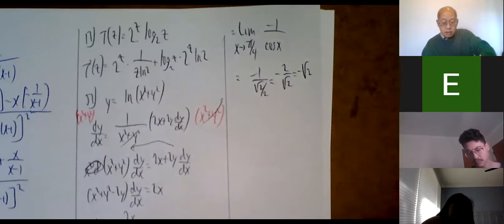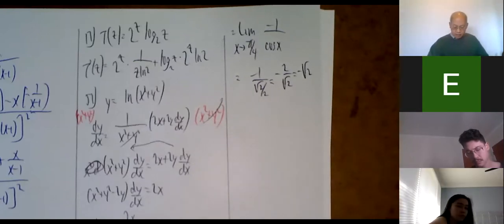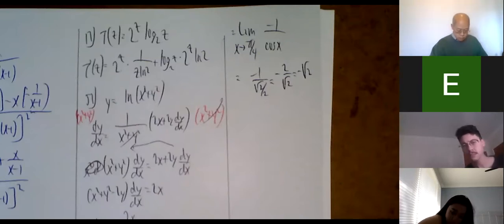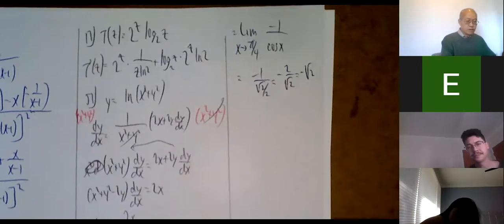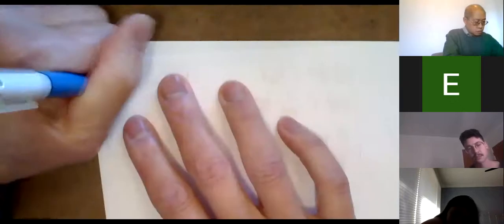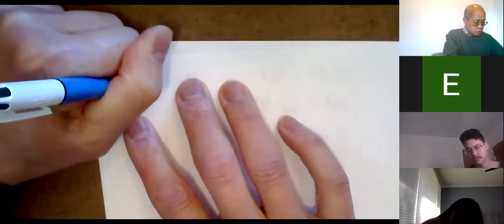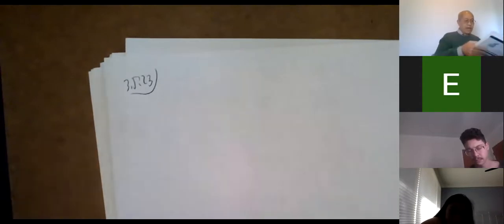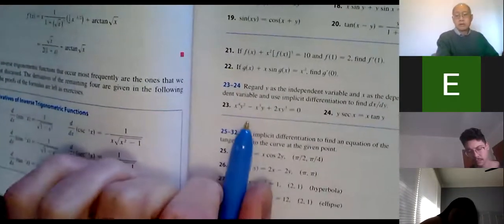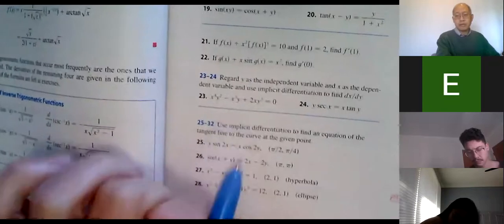Okay, let's see. 3.5, number 23. Yeah, that was the only problem where you have a role reversal between x and y.